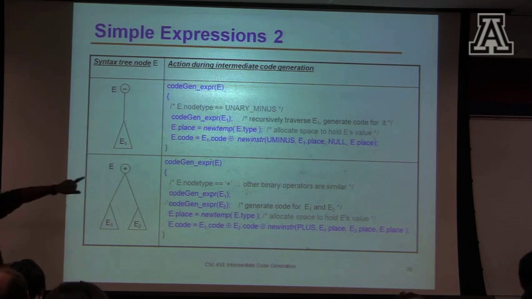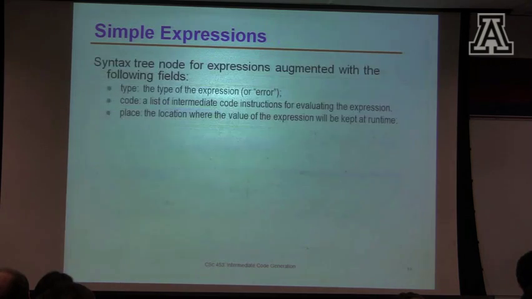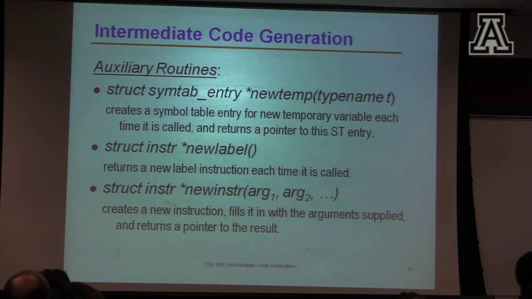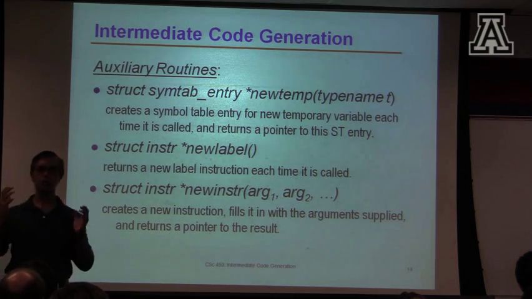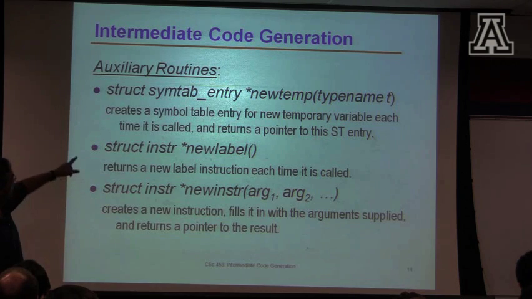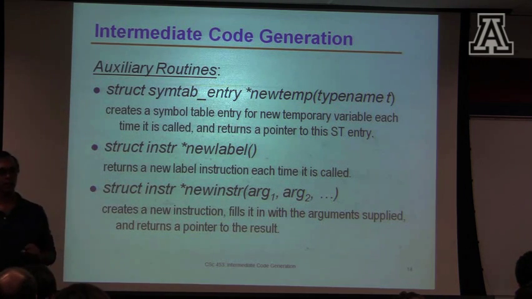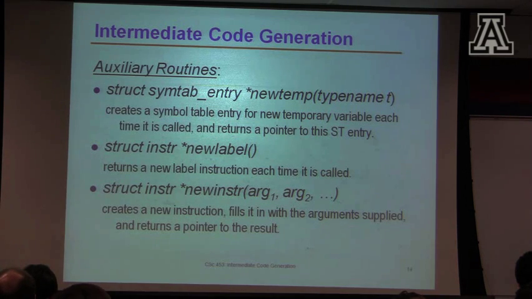So I will call new temp, and what new temp will do is say, oh, you need a new temporary. You need space for a temporary. Sure, I can do that. I'll create a symbol table entry. So new temp will create a symbol table entry for a new temporary, and it'll give back a pointer to that symbol table entry.